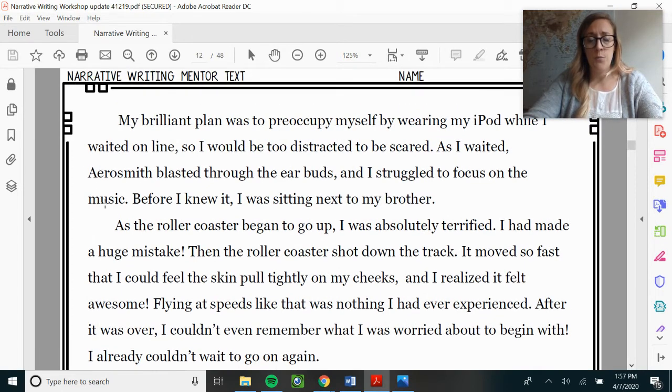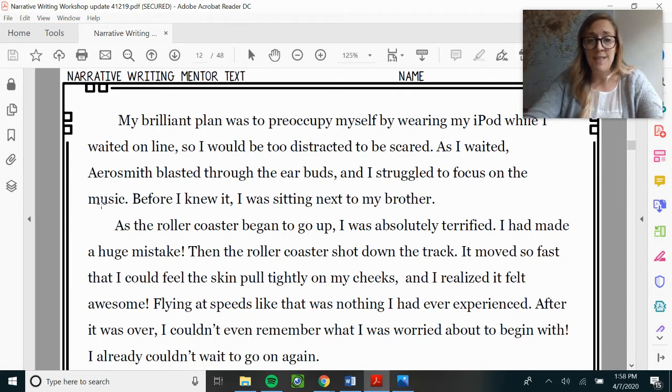My brilliant plan was to preoccupy myself by wearing my iPod while I waited online, so I would be too distracted to be scared. As I waited, Aerosmith blasted through the earbuds, and I struggled to focus on the music. Before I knew it, I was sitting next to my brother. As the roller coaster began to go up, I was absolutely terrified.